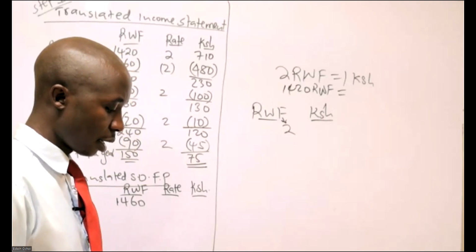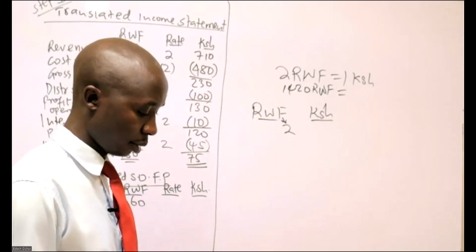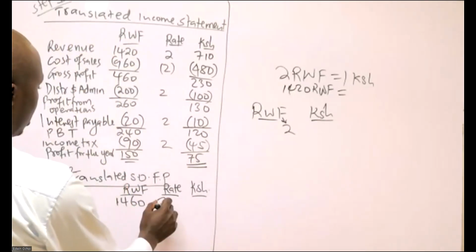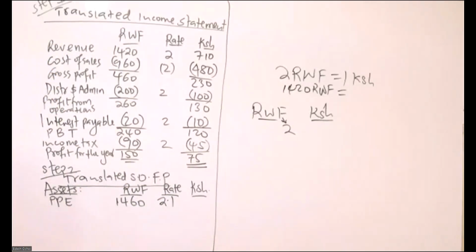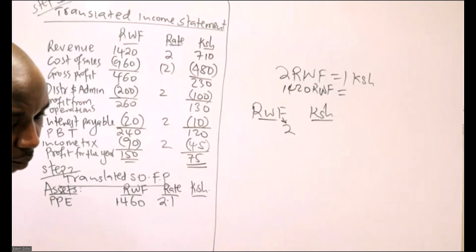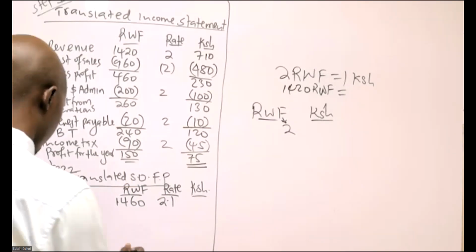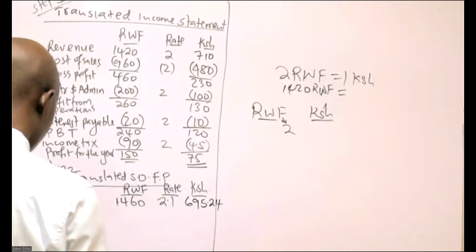The rate given as at 30th April 2016, according to note 8, which is the closing date, is 2.1. So 1460 divided by 2.1 is 695.24.